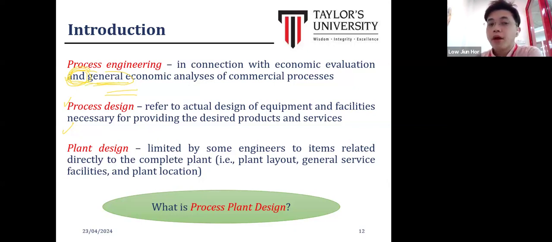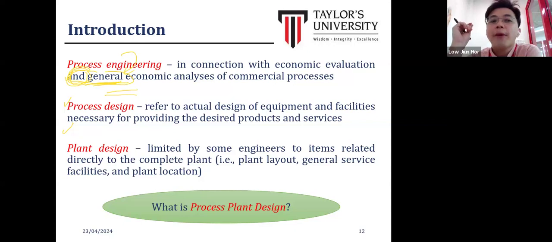But remember, process engineers only assist you to select the process, but they are not going to come out or design a chemical process plant. This is the main difference between the process engineer and chemical engineer.